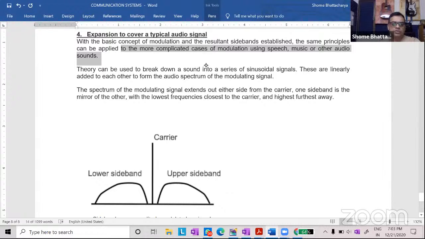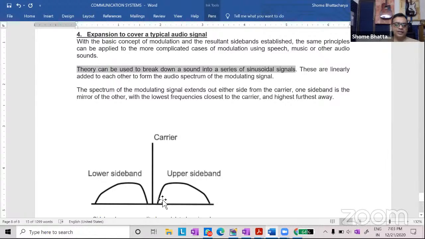So when they say theory can be used to break down the sound into a series of sinusoidal signals, they're talking about Fourier analysis here. Any complex modulating wave also can be broken down into a sum of sinusoidal signals. So there'll be multiple modulating frequencies, whereas there'll be a single carrier frequency.